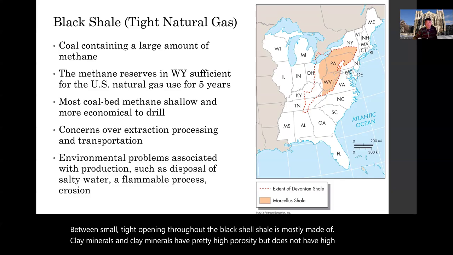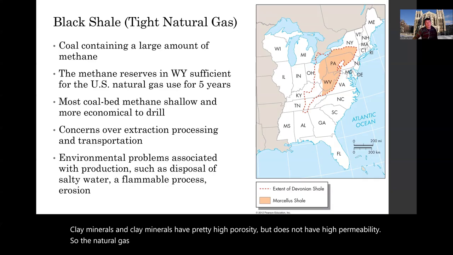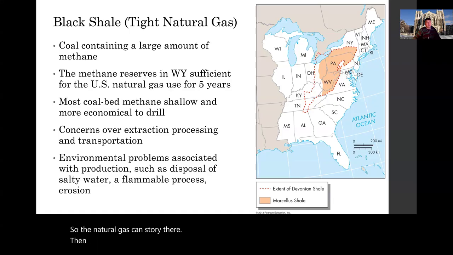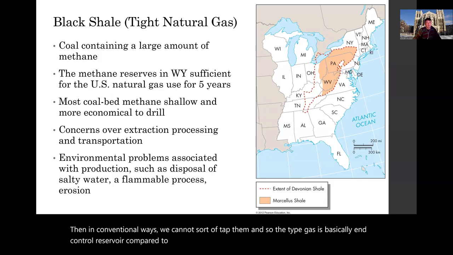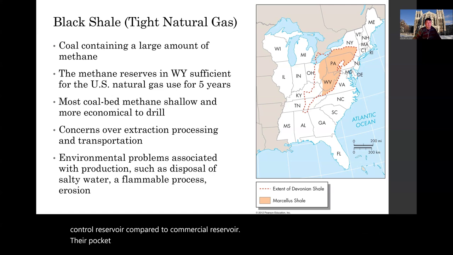So the natural gas can be stored there. In conventional ways, we cannot tap them. So the tight gas is basically an unconventional reservoir compared to a conventional reservoir. They're pocketed in these geological structures, and the famous one is the Marcellus shale.